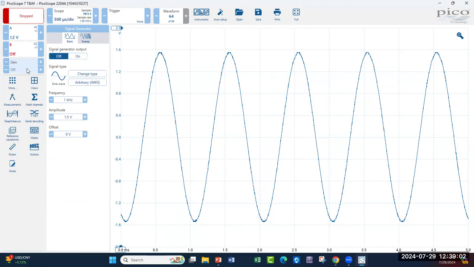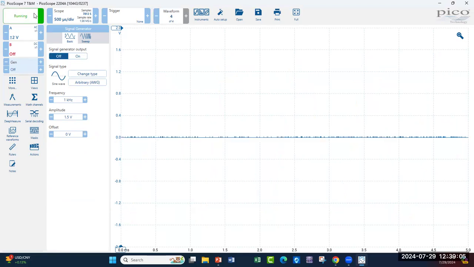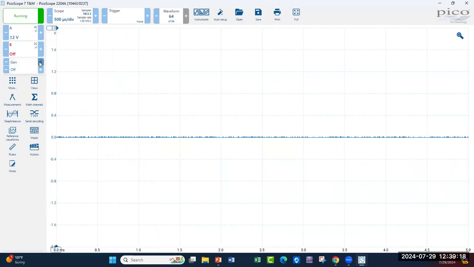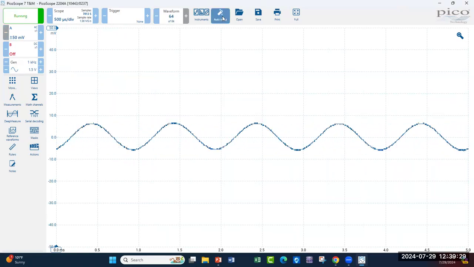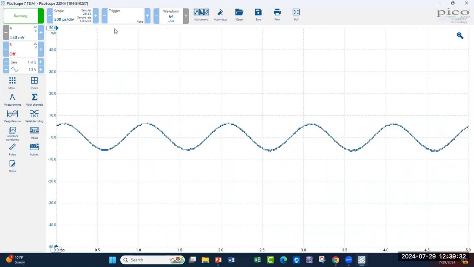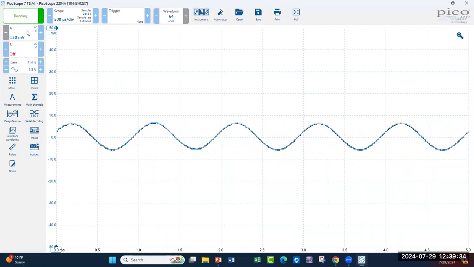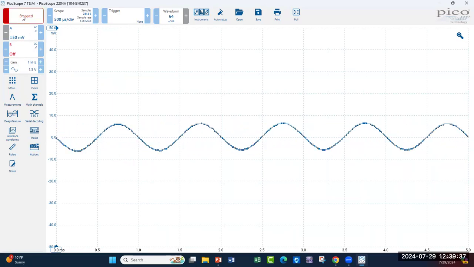I can turn it off. See there, it's off right there. And if I try running, I have a flat line. So my run and stop button is right here. Run, stop. I've got no signal that the leads are reading whatsoever. So turn the signal generator back on, and I can hit my auto setup button, let it do some thinking, and there it's got an auto setup, and presently it's set this up to show channel A. I'm going to stop this and then do some adjustments and some things to play with.